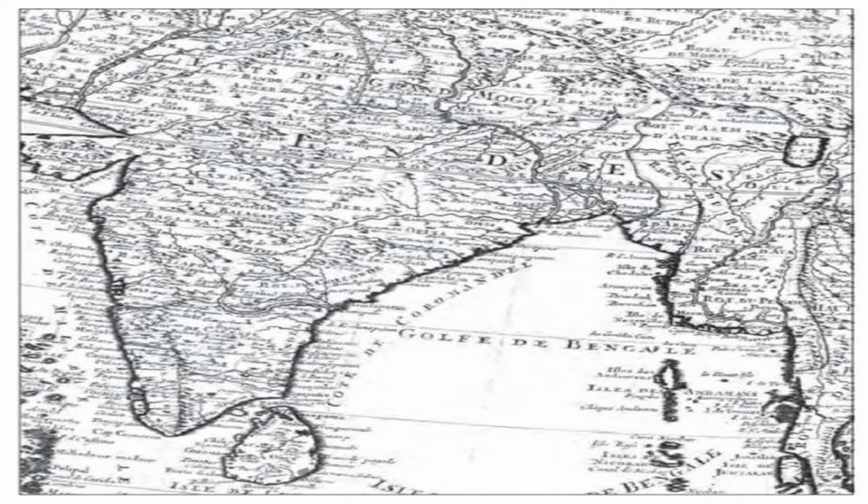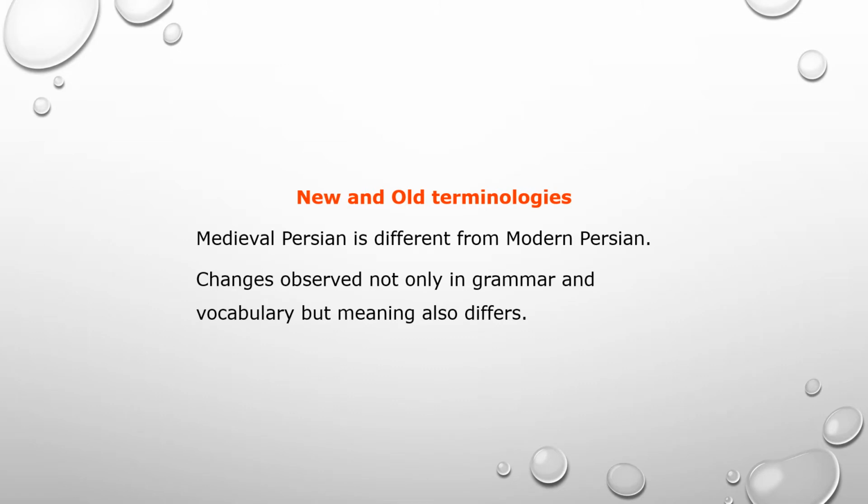Even more changes can be found. One of the changes in the 1,000 years is the terminology. When you compare medieval Persian with modern Persian, there were a lot of changes.